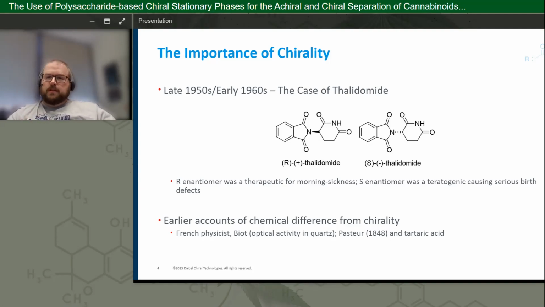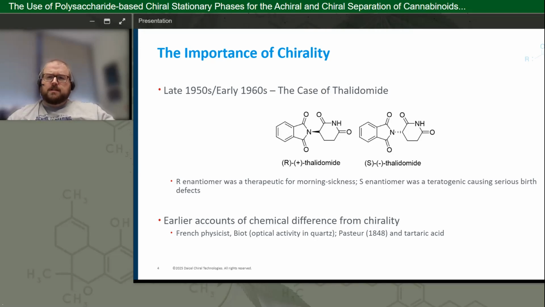But even before thalidomide, there were a number of early accounts of chemical differences from chirality. You might know that Louis Pasteur famously was able to separate the crystals of tartaric acid, D and L tartaric acid, because he noticed that the two structures gave two different crystal forms. And so he was, under a microscope, visually able to see the difference and separate those crystals.